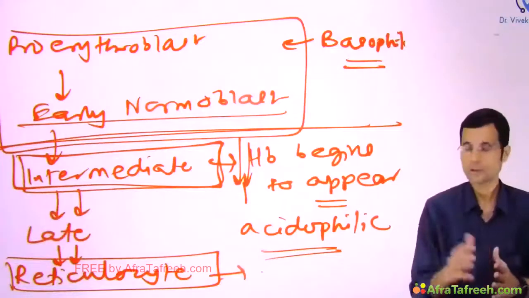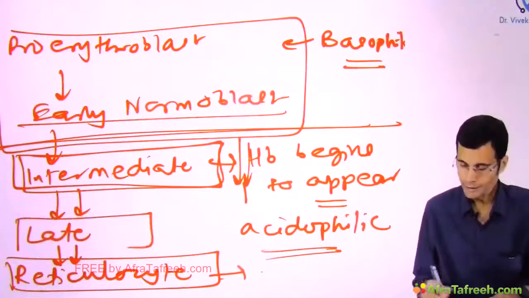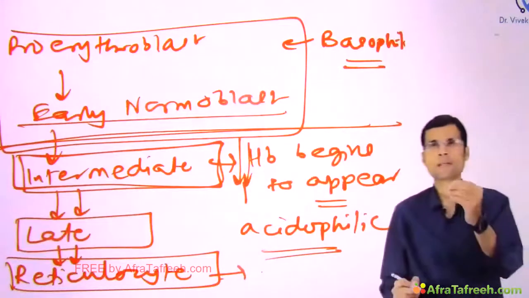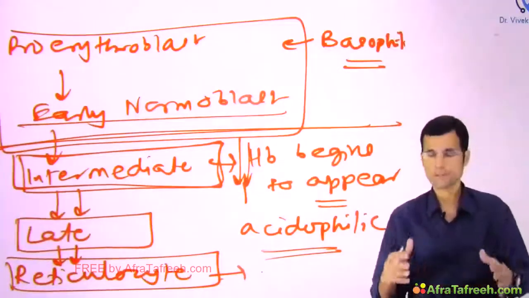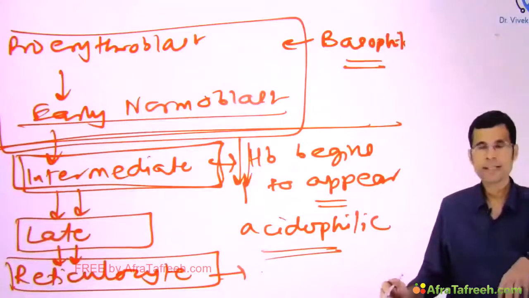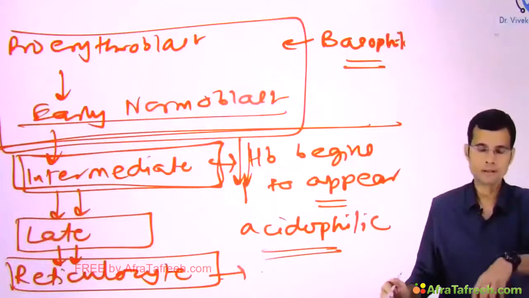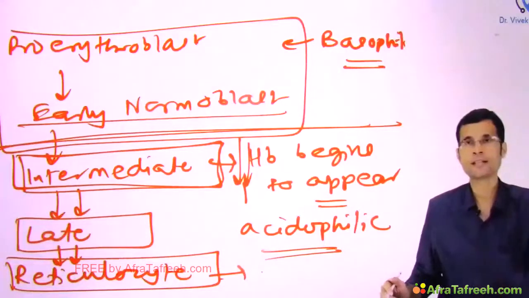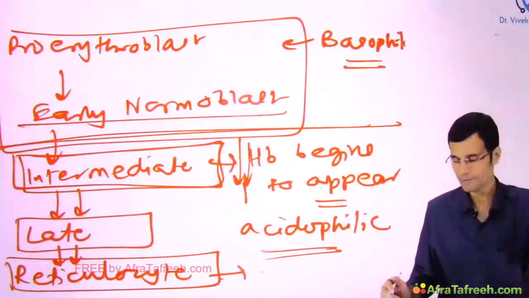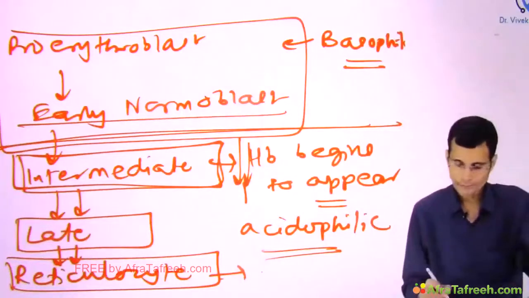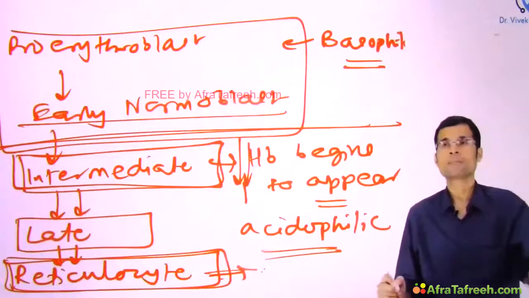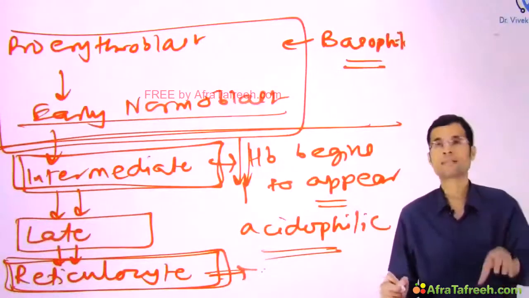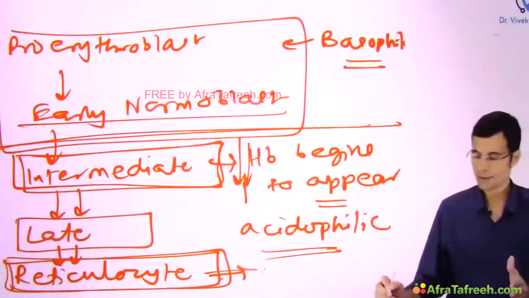At this stage, the nucleus, already in the late normoblast stage, had become very small, a pyknotic nucleus or ink spot nucleus. Finally, it will be broken down and either extruded out of the cell or dissolved into fine dust and finally disappears. So at the reticulocyte stage, the RBC will leave the bone marrow, come into the circulation and over the next 24 hours, it will mature into the erythrocyte.